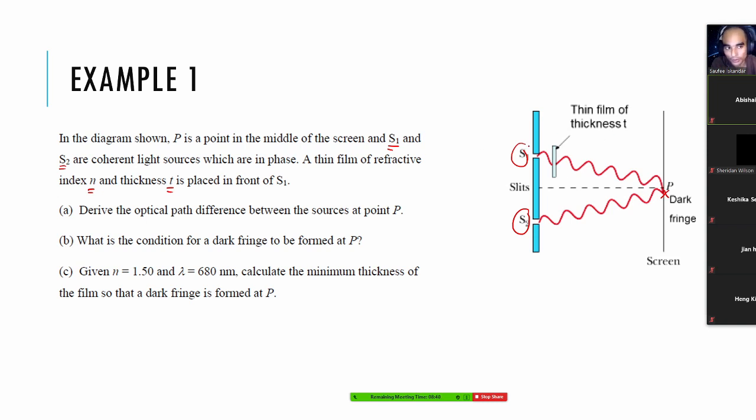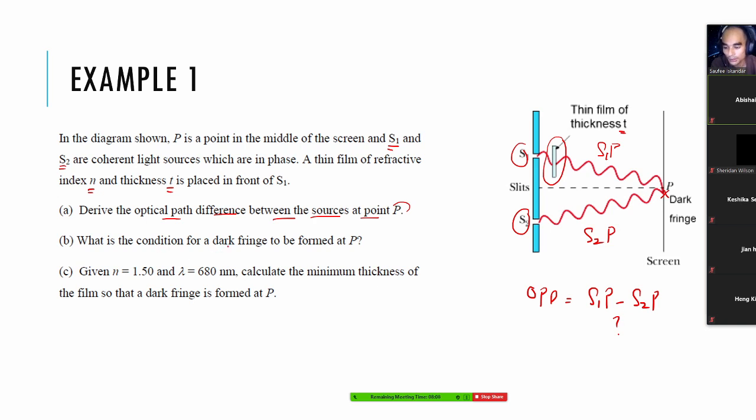So at S1 we put a glass, a very thin film with a thickness of T. Derive the optical path difference between the sources at point P. How much is S1P minus S2P? The optical path difference equals S1P minus S2P. That is the first question.